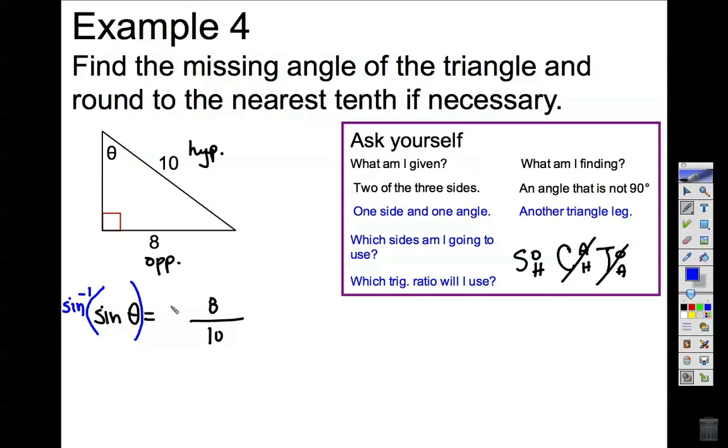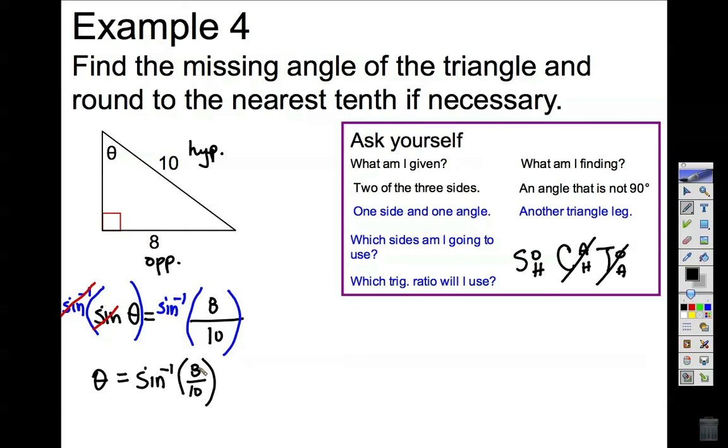Whatever you do to the left side, you also have to do to the right side of the equation. When you do this, the arc sine or inverse sine and sine reduce each other out, and all that's left is the angle itself. Angle theta equals the inverse sine, or the arc sine, of 8 over 10. Or if you want to use 4 over 5 by reducing the fraction, that's fine.